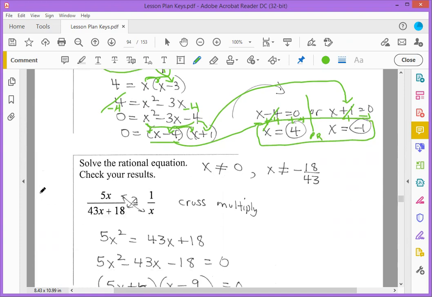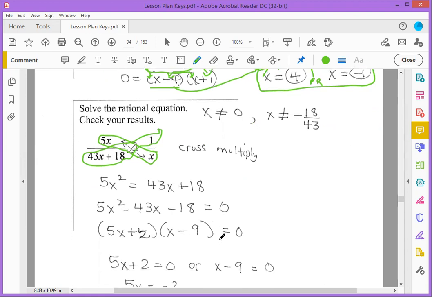And in the next example, we want to solve the rational equation. We have 5x divided by 43x plus 18 equals 1 over x. So we're cross multiplying here. 5x times x gives us 5x squared, and 43x plus 18 times 1 gives us 43x plus 18.